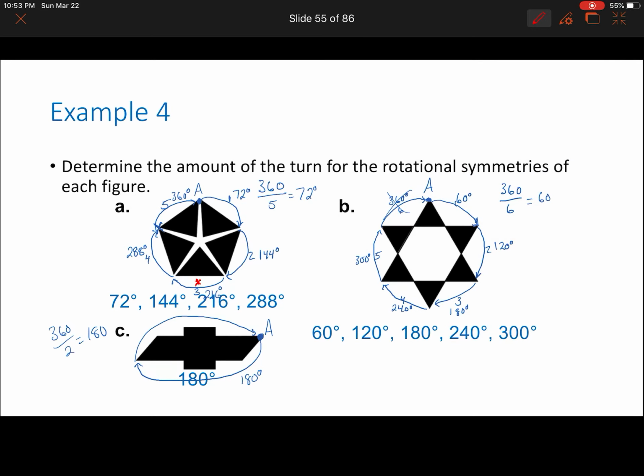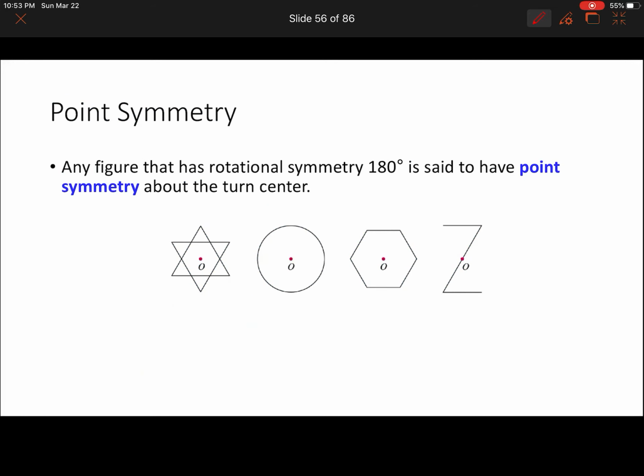Well, there's not a point that it would match up with, and so that would not work. However, figures B and C both do have point symmetry, because you can rotate them 180 degrees around that point and have the same figure. So each of these, again, do have that.